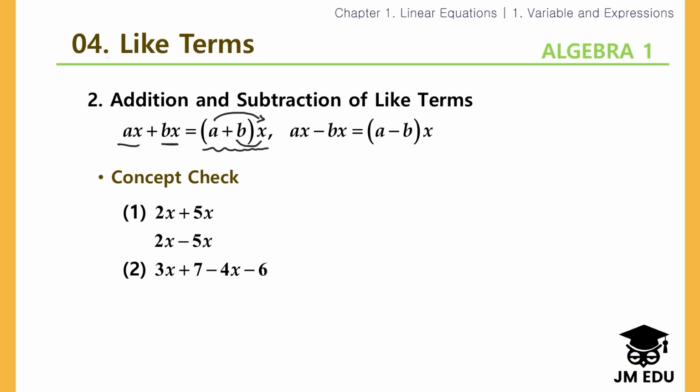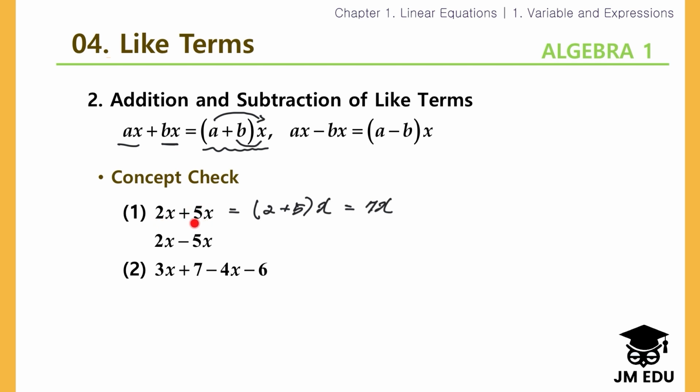Okay, so concept check. We have 2x plus 5x. We can write this as 2 plus 5 times x. So 2 plus 5, that's 7x. Or think this way: x, we have 2 of them, x, we have 5 of them.